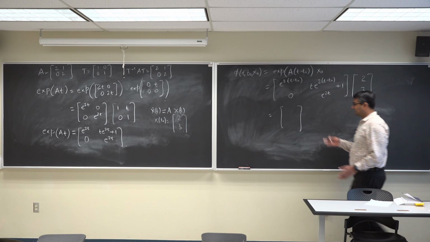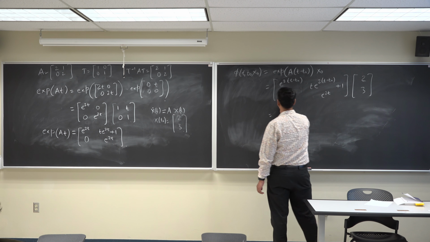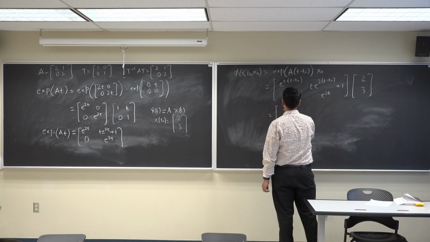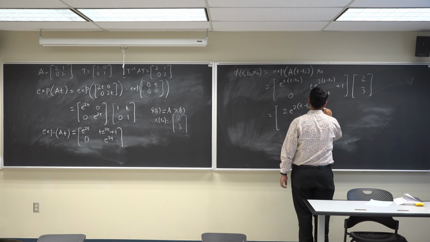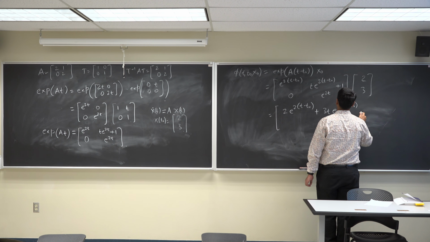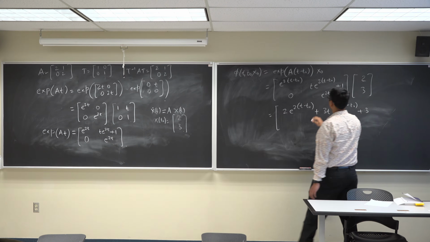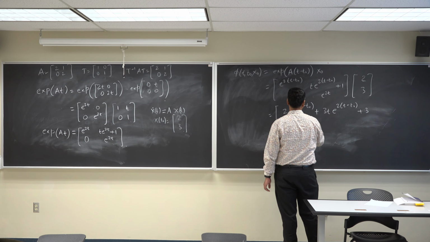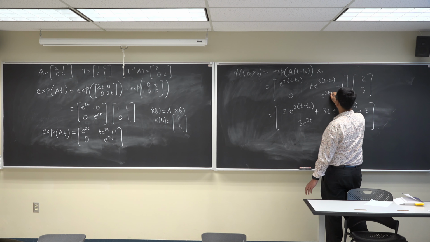Okay, I guess let's just do the calculation. Why leave it at this stage? So this is 2 times e raised to 2 times t minus t naught, plus 3t e raised to 2 times t minus t naught, plus 3, and then it's 3 e raised to 2 times t minus t naught.